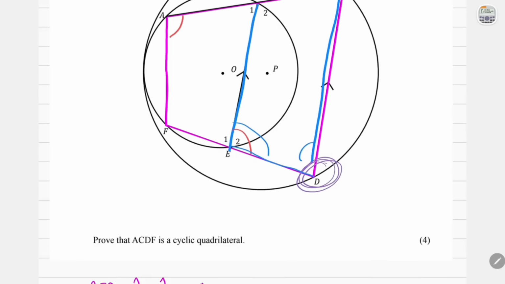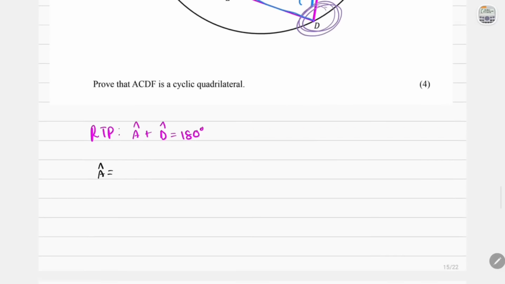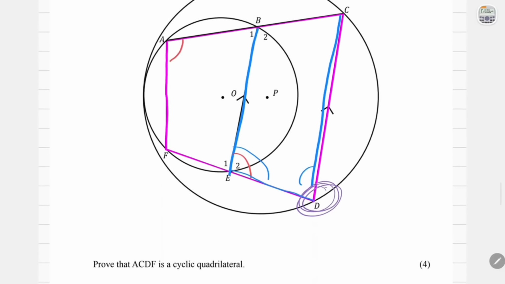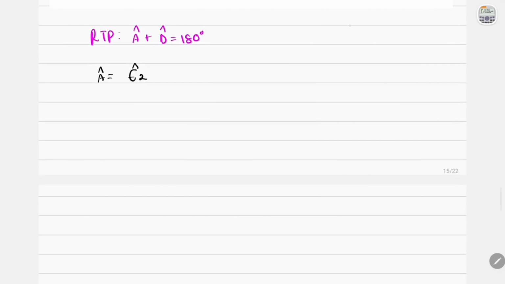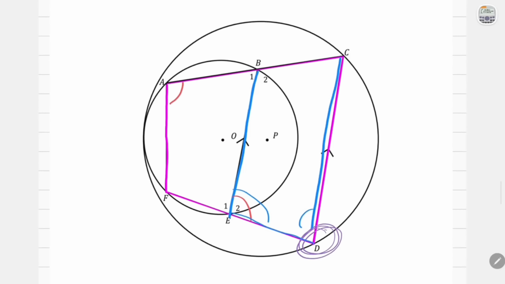So we'll start at angle A, and we can say angle A is equal to angle E2. The reason for this is because that is the exterior angle of a cyclic quad. It's equal to the opposite interior angle. Okay, so that's done, and now we've moved to angle E2.